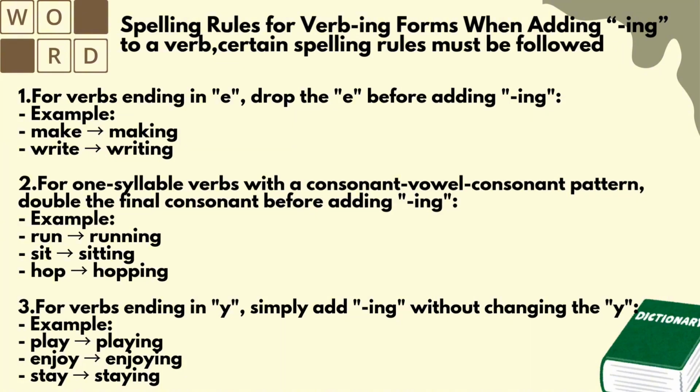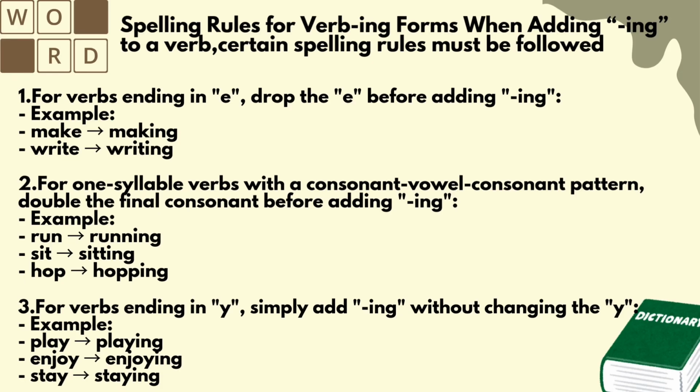Spelling rules for verb ing forms. When adding ing to a verb, certain spelling rules must be followed. First, for verbs ending in e, drop the e before adding ing. For example, make, making, write, writing.